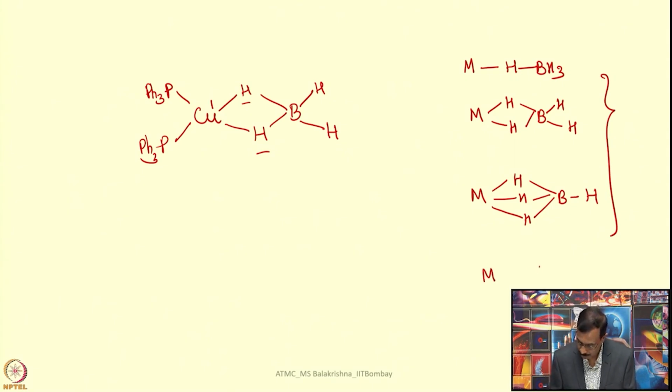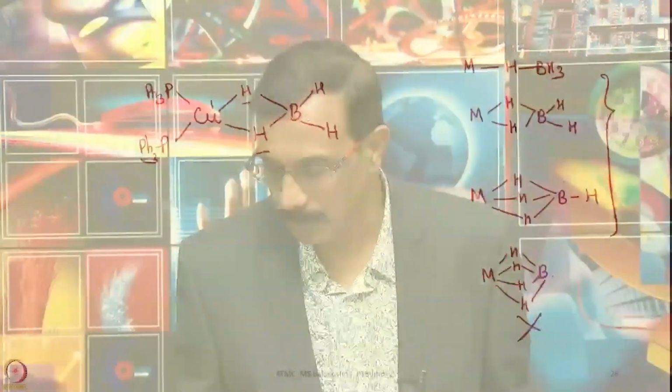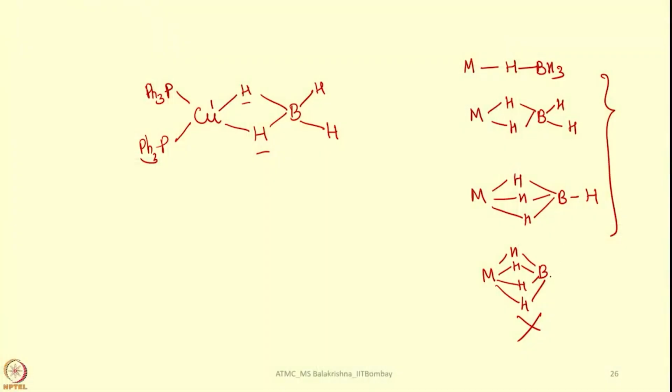If you ask me whether this is possible, certainly this is not possible, because you should remember in BH4 boron is utilizing its sp3 hybrid orbitals which are disposed in this fashion. In that case what happens? So, visualizing this one is something very difficult.